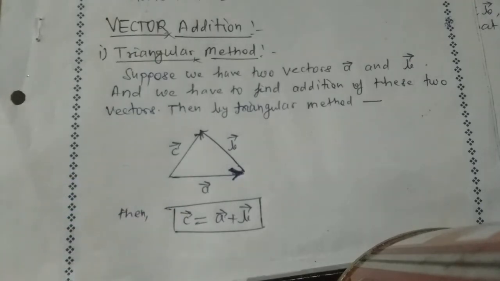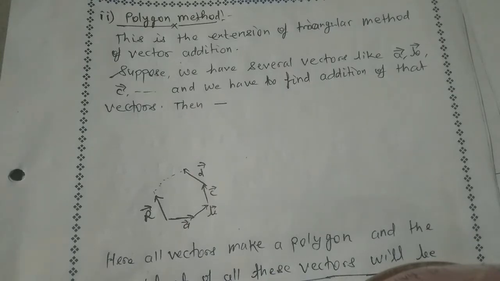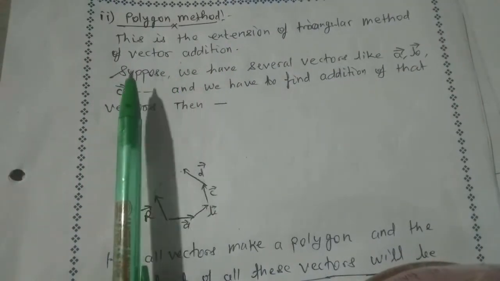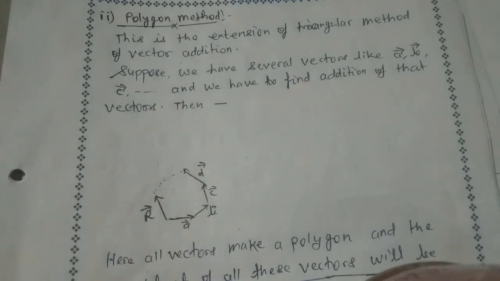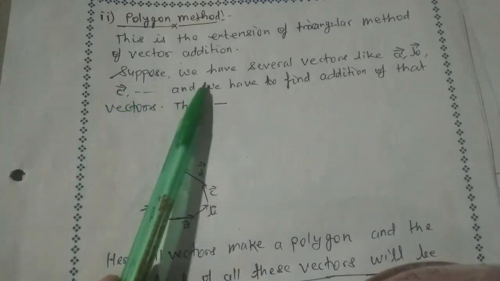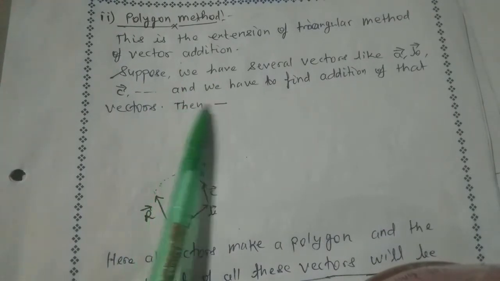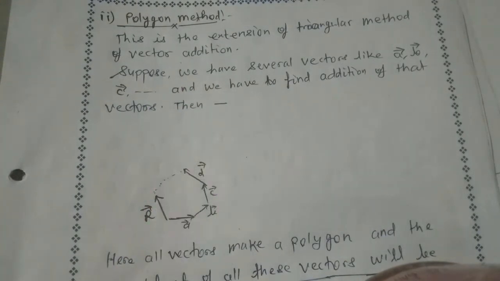The next one is the polygon method. This is the extension of the triangular method of vector addition. Polygon method is not a new method, it is actually the extension of the triangular method. How? Suppose we have several vectors like vector A, vector B, C and so on, and we have to find the addition of these vectors.